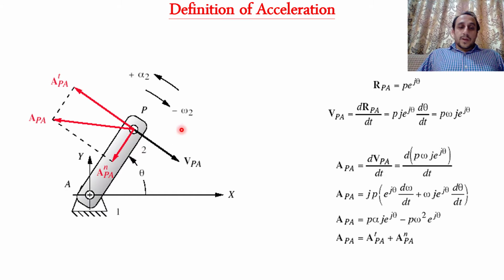So by looking at this diagram we can clearly see that the rate of change of angular velocity is negative.